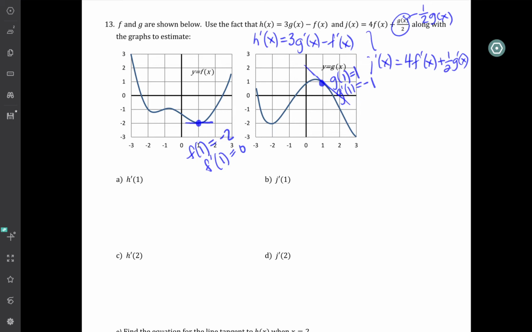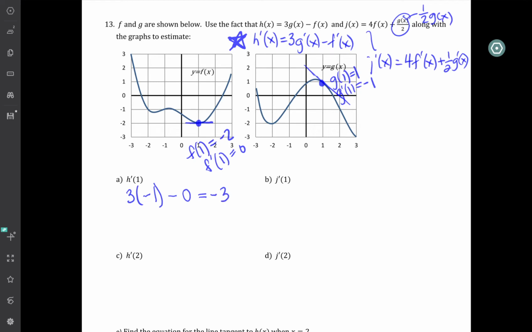So we said h prime of 1 is going to be 3 times g prime of 1. I'm just looking back up at this formula at the top of h prime. So we need 3 times g prime of 1, which we said is -1, minus f prime of 1, which we said is 0. So it looks like we're getting -3.